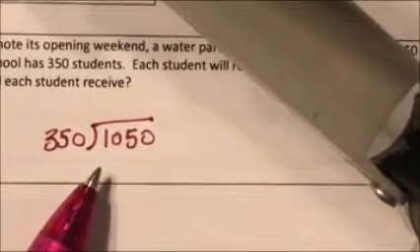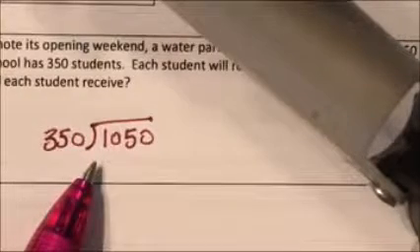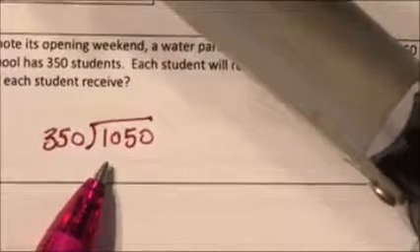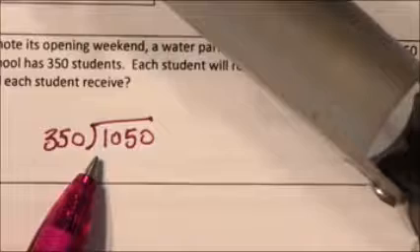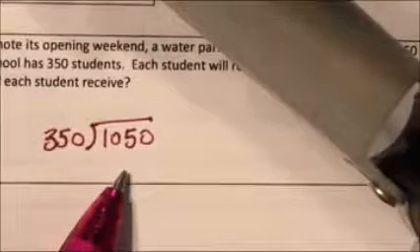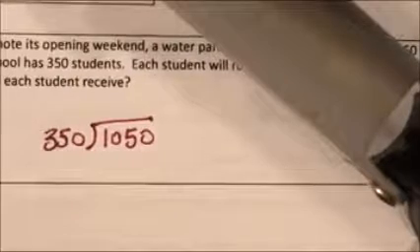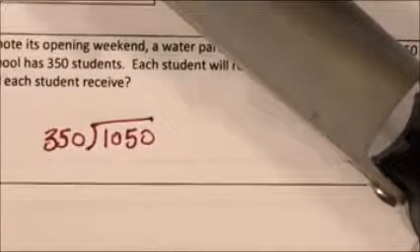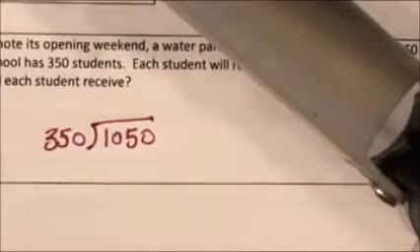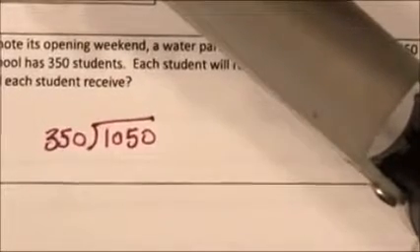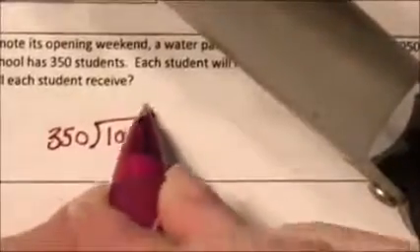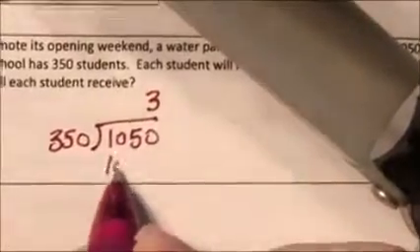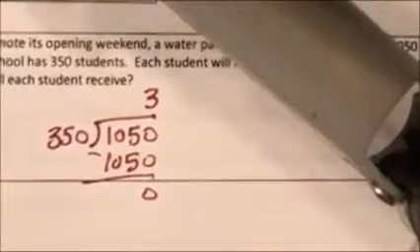Okay, so I want to ask myself, can 350 go into 1? No. Can 350 go into 10? Nope. Can 350 go into 105? No. Can 350 go into 1,050? Yes. Okay, so then I have to figure out how many times it can go into 1,050. 350 can go into 1,050 3 times. 350 times 3 is 1,050, and then I subtract and I get 0.